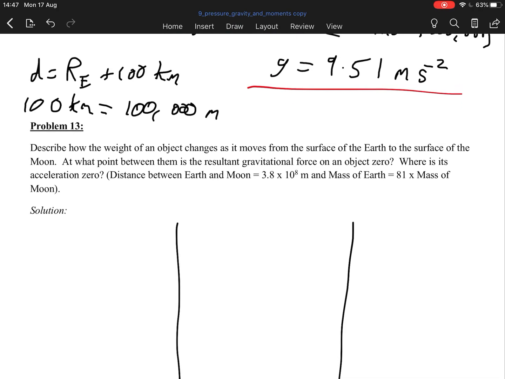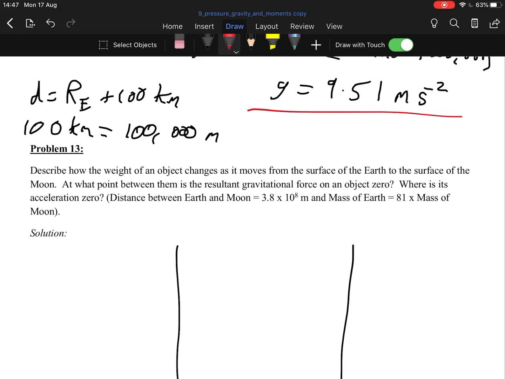So we start. What information are we given? We're told that the point where the gravitational force on the object is zero, so the gravitational force is zero, and the distance between the Earth and the Moon is that, and the mass of the Earth is 81 times the mass of the Moon. So how do we write that?